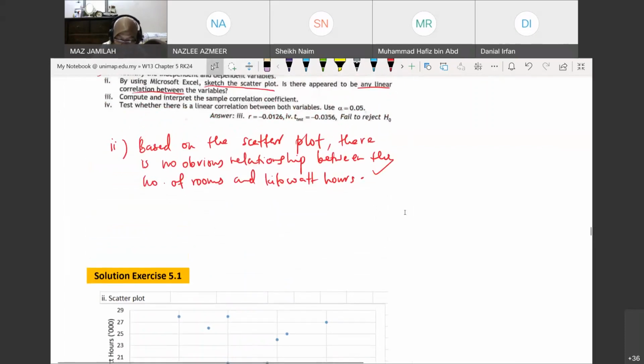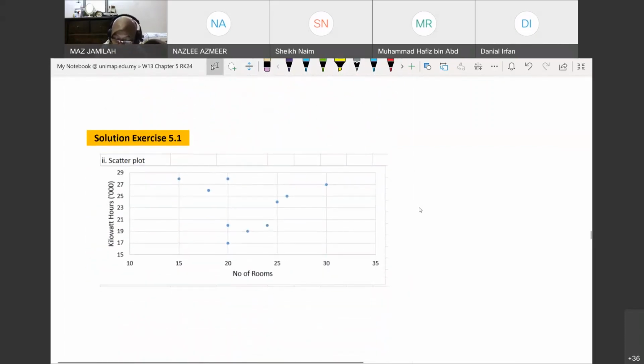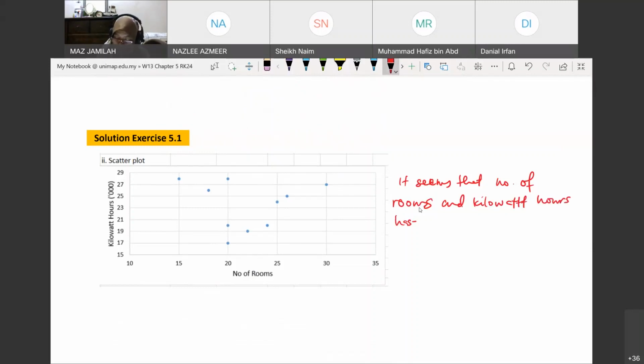But if you assume, let's say your answer, it seems that the number of rooms and kilowatt hours has negative linear correlation.